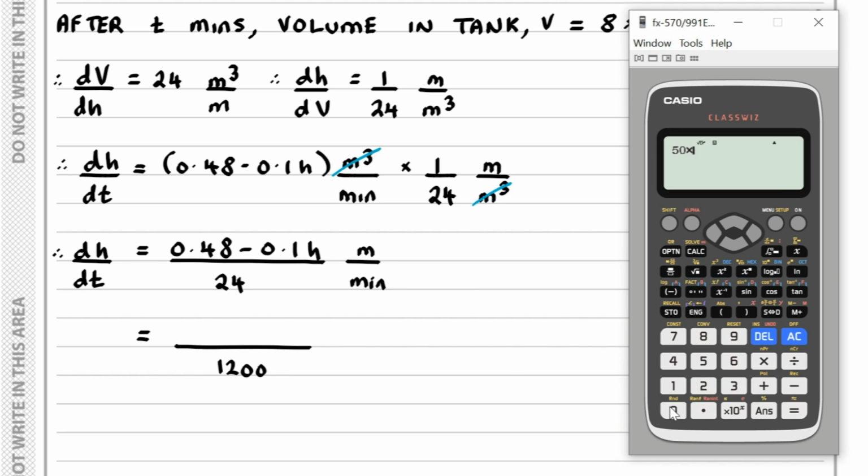So 50 times 0.48 is 24, and 50 times 0.1 is 5.